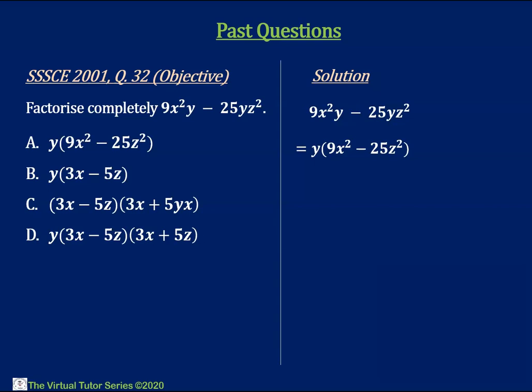So we can rewrite the expression as y[(3x)² - (5z)²]. Now, this is a difference of two squares and can be factorized as y(3x - 5z)(3x + 5z). Hence, the correct answer is option D.